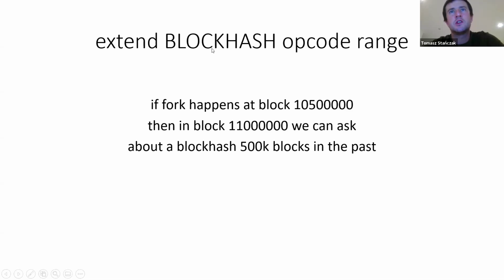So suddenly the BLOCKHASH opcode is much more powerful and can be used in other situations. And also because of storing it in the state, instead of having this magical additional requirement for the EVM to have access to the last 256 headers, which are really outside of the state in the way we see the state as the world state of accounts and storages, we can just reach into the storage of the account.